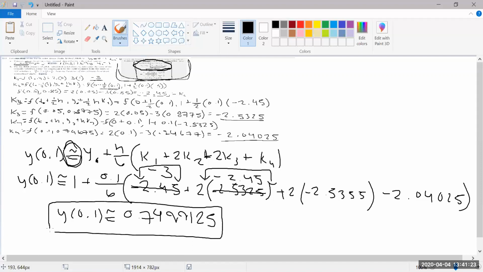So for part B, you are given a function. You're saying that we're given that this is an analytical solution to the ODE that we've been working with: 11/9 e to the -3t plus 2/3 t minus 2/9.